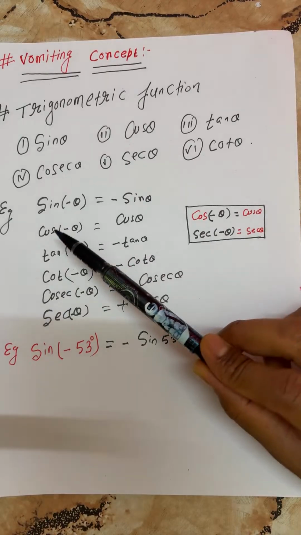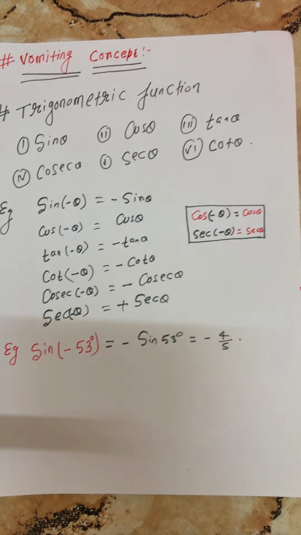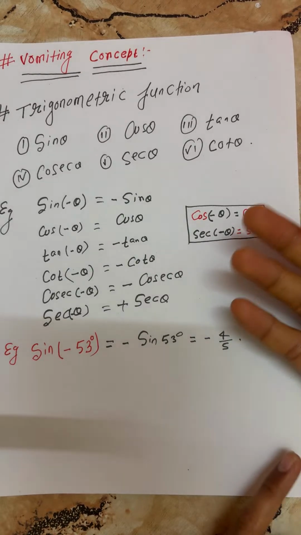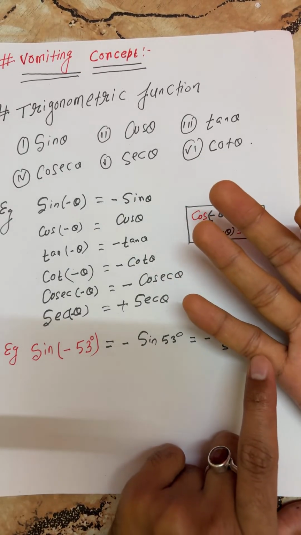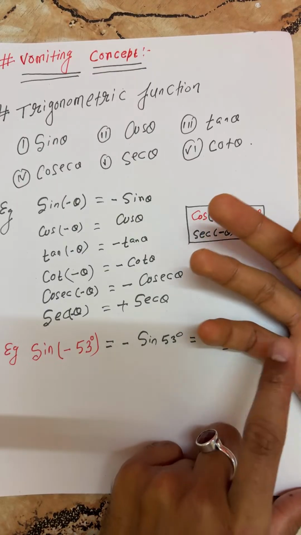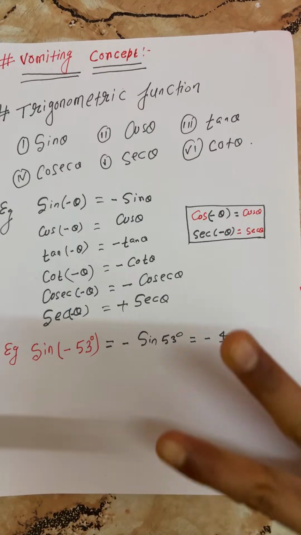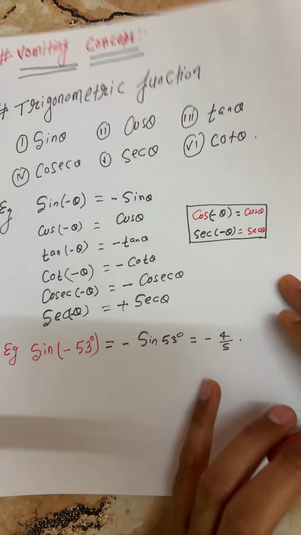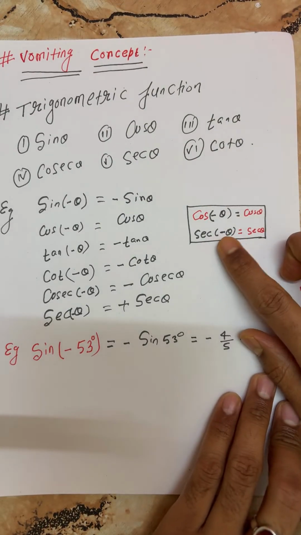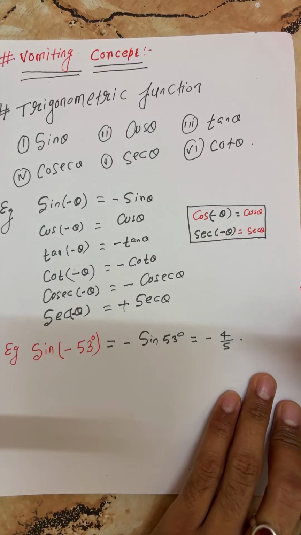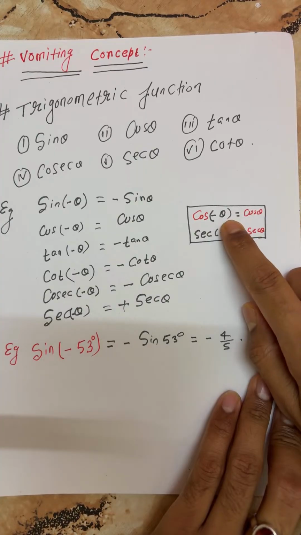Just now I said, sine of minus theta. We have six functions: sine, cos, tan, cot, secant, and cosec theta. But among these, only two functions will not carry the minus out. This is cos of minus theta.